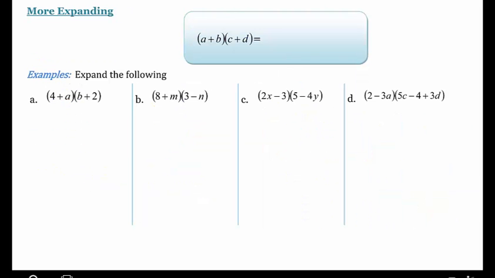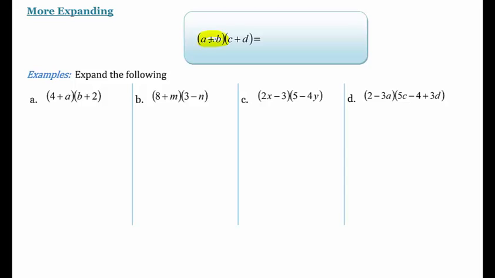Moving on, and now we have a bracket multiplied by another bracket. And it's no different than before. Everything within the first bracket has been multiplied by everything in the second bracket. So we go a times c is ac. A times positive d is plus ad.